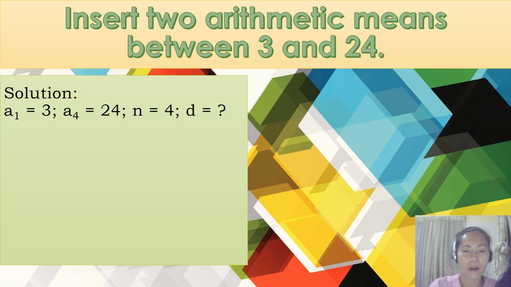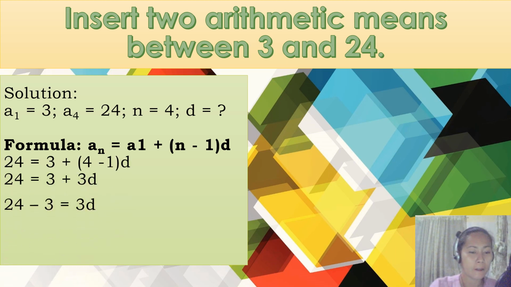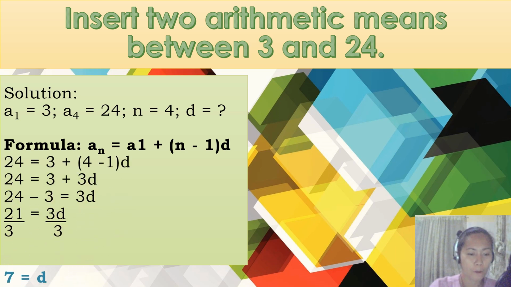The formula: a sub n equals a sub 1 plus the quantity of n minus 1 times d. Then we substitute and simplify. We'll get 7. So 7 is our common difference.